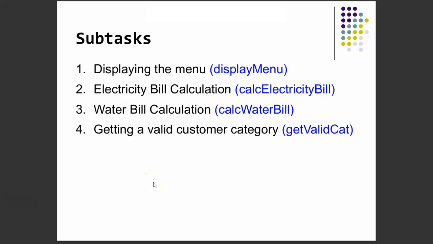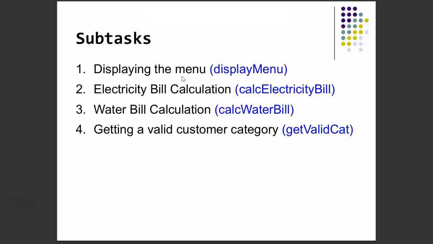For this kind of problem, we have proposed 4 subtasks. At first, we want to display the menu to the user. This menu will consist of 3 choices. The first choice could be electricity bill calculation, the second choice could be water bill calculation, and the third choice could be to exit.